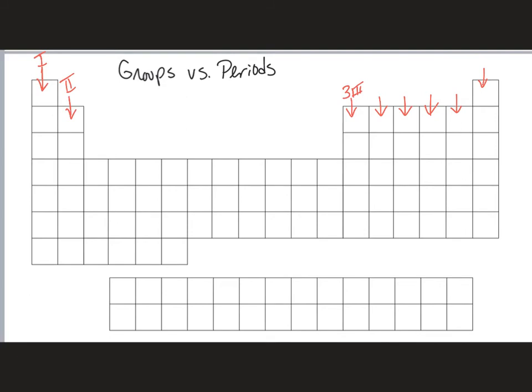And other times they call this 3, 4, 5, 6, 7, 8, 9, 10, 11, 12, and this becomes 13. So don't get confused. Both of those are still referring to the same thing. 14, 15, 16, 17, and 18. So those would be all of our groups.